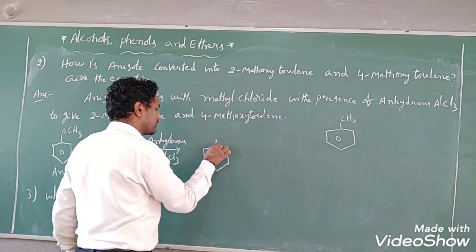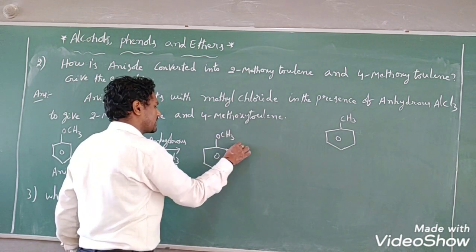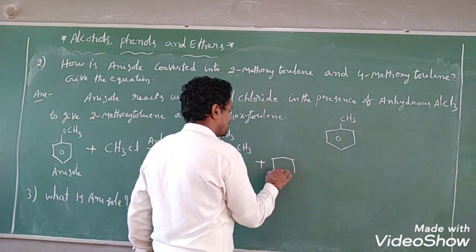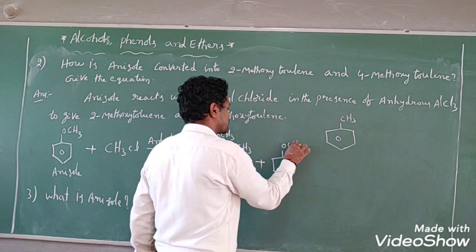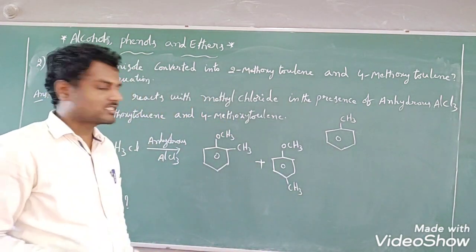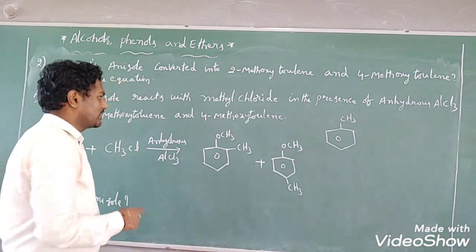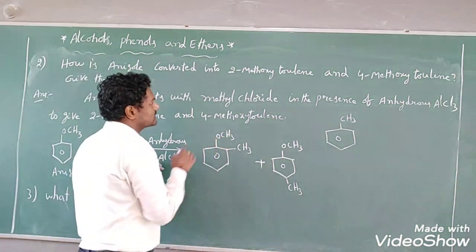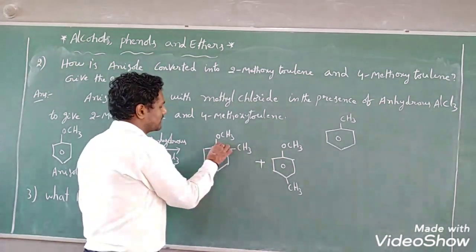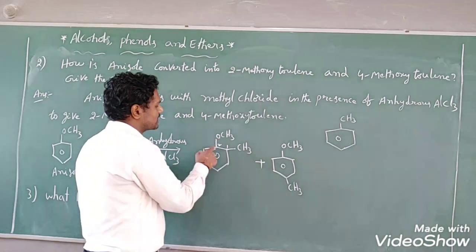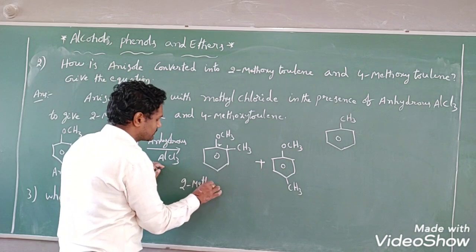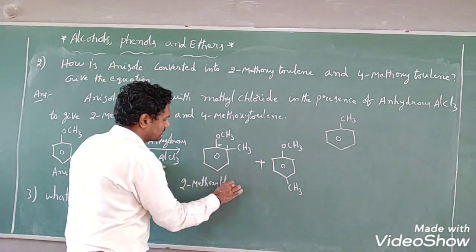Ortho means OCH3 with CH3 at the ortho position, and in a similar manner CH3 can also attack the para position. Among these two, the para product is always the major product compared to the ortho product. In toluene, the CH3 attached carbon is the first carbon; with OCH3 at the second position, this is 2-methoxytoluene.